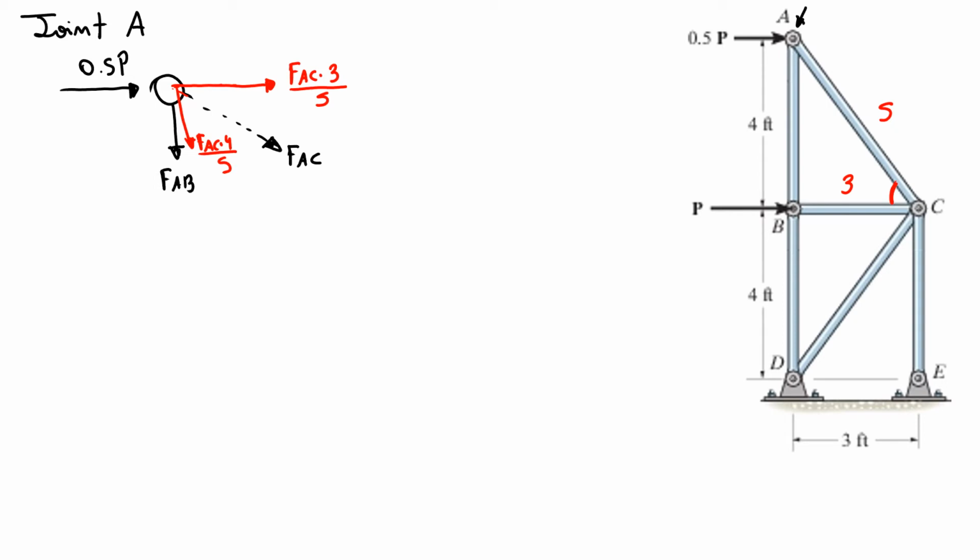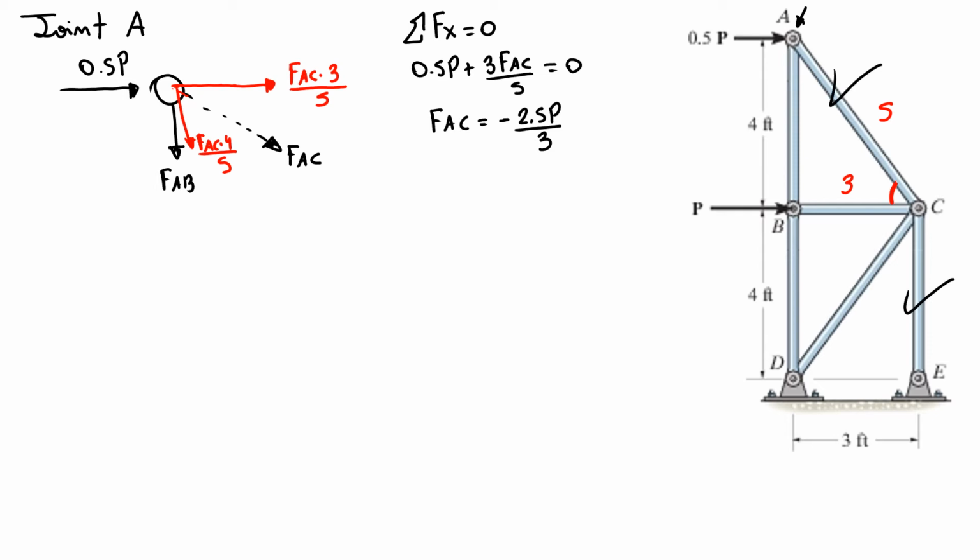Now I can use my strategy. Sum of the forces in x direction equals 0. So I know 0.5P plus 3 FAC over 5 equals 0. So I know my FAC is equal to minus 2.5P over 3. So I have this one, and now I discovered this one.